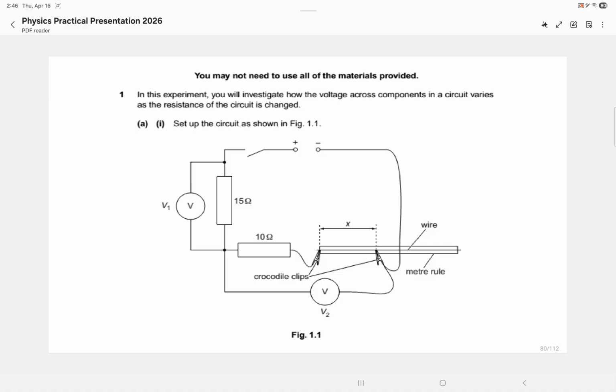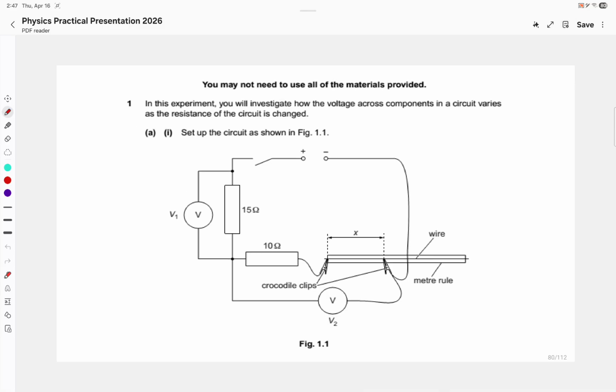Let's say this is just an example of a question related to a circuit activity, in which you are given a circuit with 2 voltmeters connected, V1 and V2, and there is a distance x on a meter rule which is attached to a metallic wire. You have to change the position of the clip so that the reading across V2 will change, and the reading across V1 will change accordingly, and then you definitely have to record all these values somewhere.